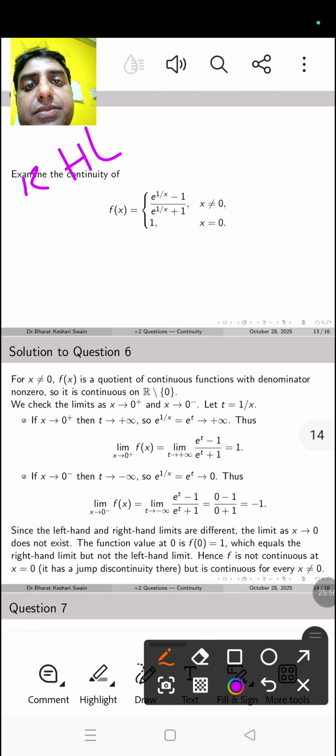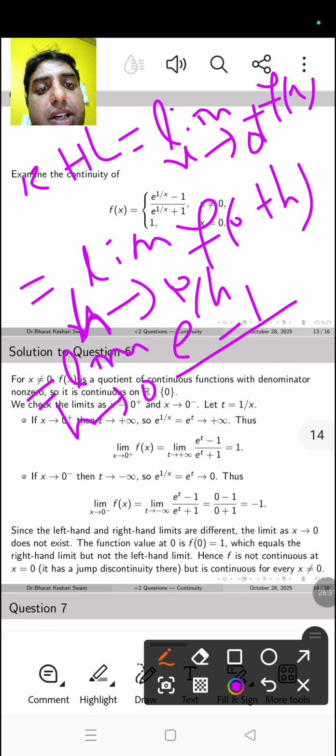Now this is your limit h tends to 0, so you can put f(h). So it will be e to the power 1 by h minus 1 divided by e to the power 1 by h plus 1.